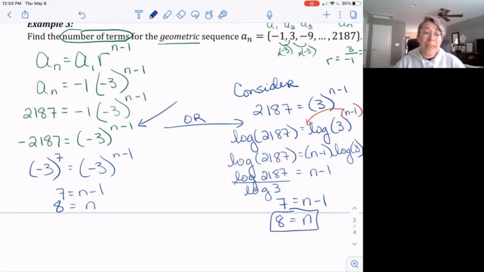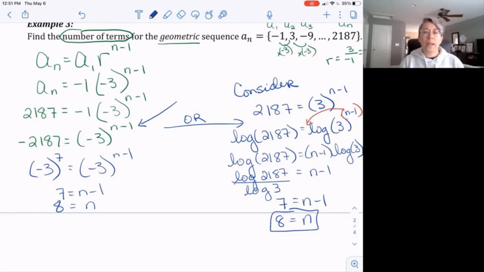But the negative bases on both sides there would cause us trouble. But if -3 to some power would give us this negative number, well, that absolute value should give us the same absolute value on the other side. So we didn't do anything mathematically to get rid of those negatives. We used our analysis skills to go, but the value of n should be the same even if they were positive. Okay, that absolute value would be the same.